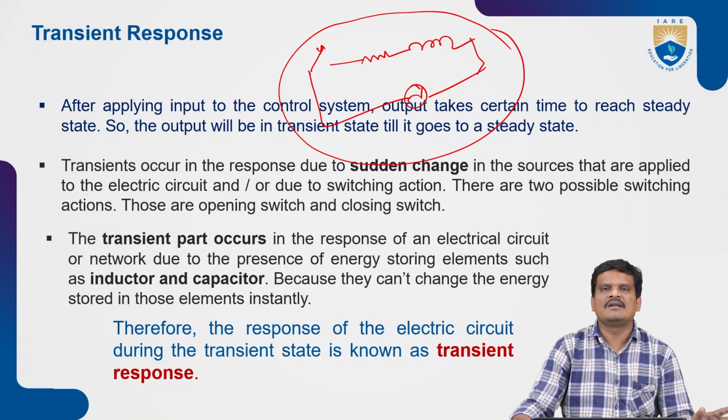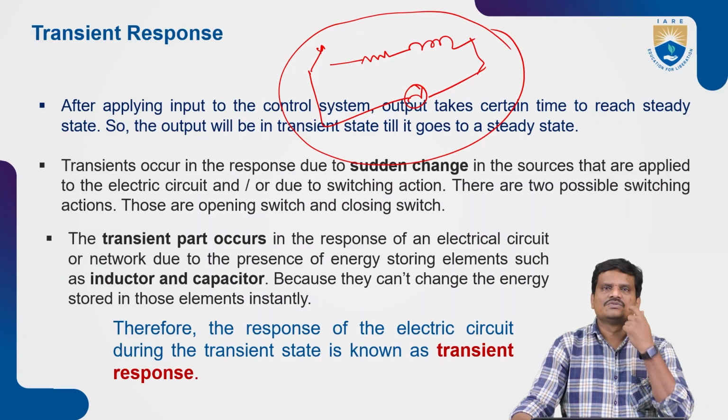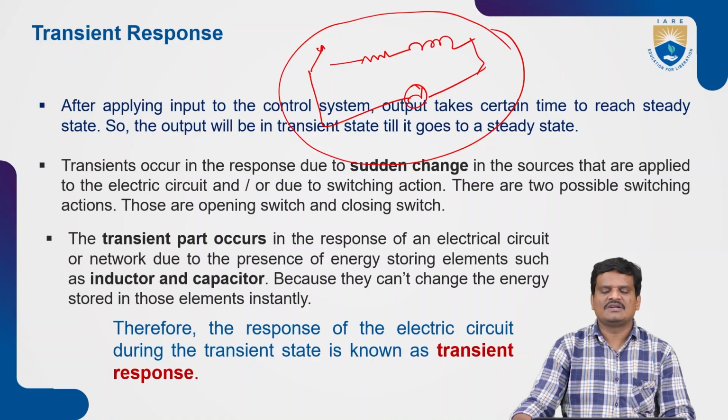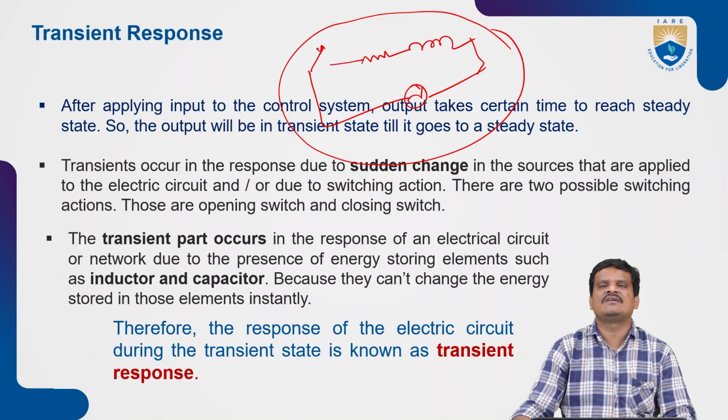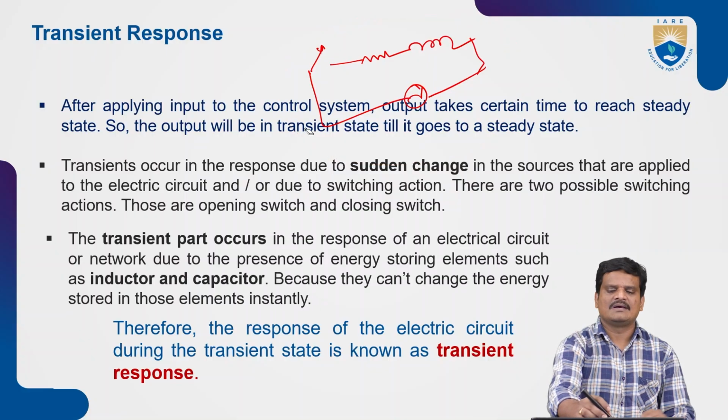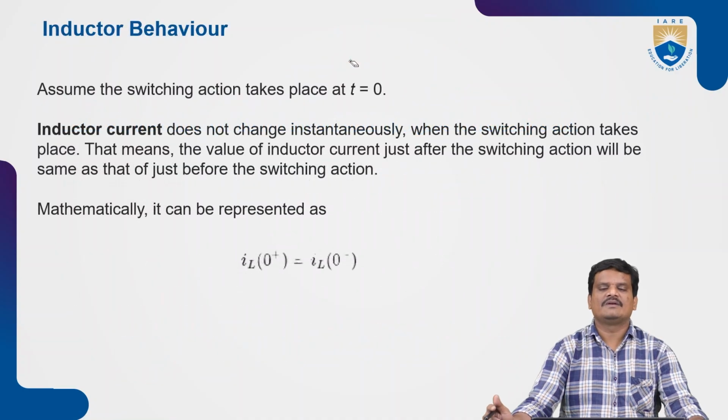Therefore, the response of the electrical circuit during that particular transient state is considered as the transient response. So the key point to keep in mind here is that the transient response is mainly due to the presence of a switch, or due to the presence of energy storage elements called inductor and capacitor. Coming to the next slide.